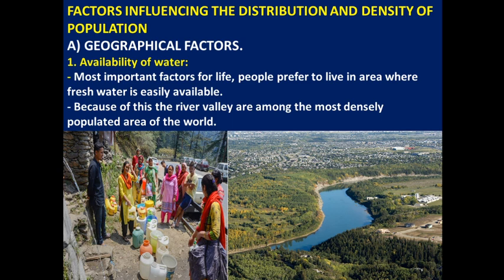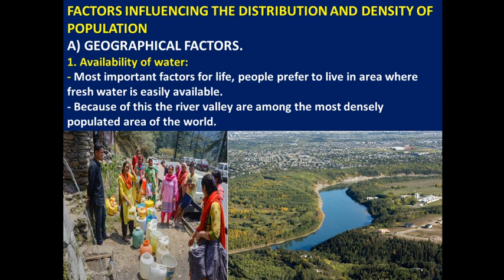Water is the most important factor for life. Therefore water is a life-giving resource. People prefer to live in areas where fresh water is easily available. Most of the people in the world stay in areas where fresh water is available.